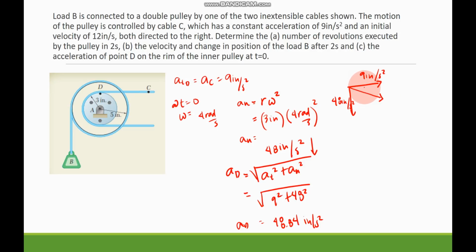So we get the angle with respect to the horizontal reference. Tangent theta is equal to opposite, which is 48, over adjacent, which is 9. Therefore, theta is equal to 79.38 degrees.